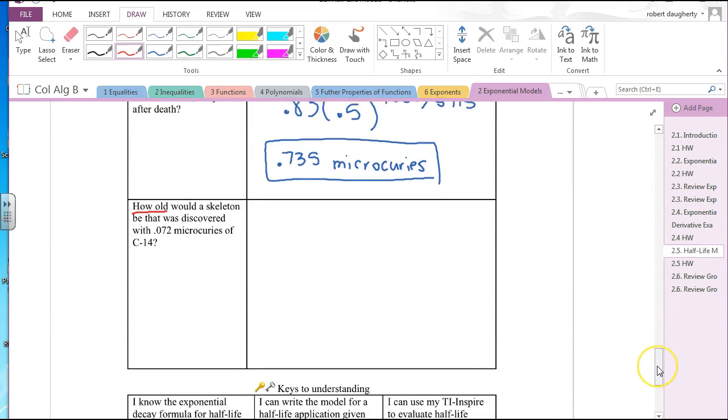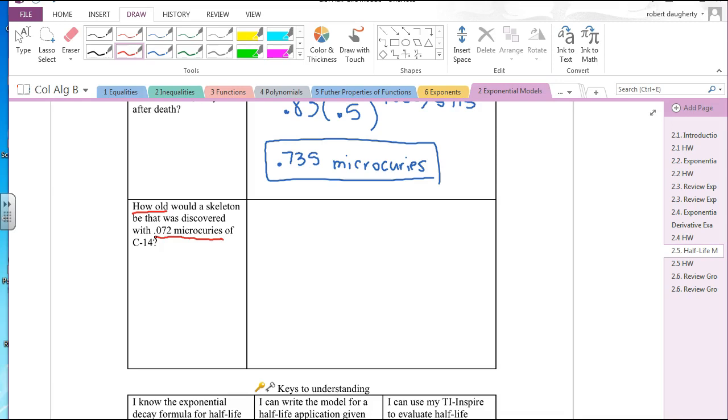So, what is the equation I need to solve? What do I do with this number? What does this mean? This is the what? Yeah, that's the future value. I found a bone and it had 0.072 microcuries in it, and I'm trying to ask how old it is.